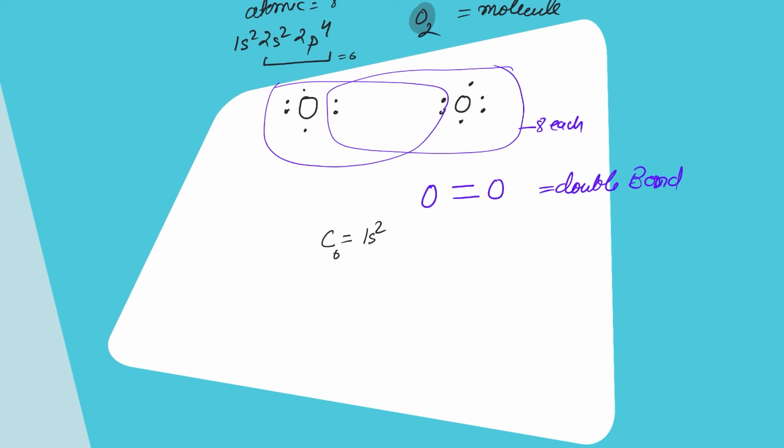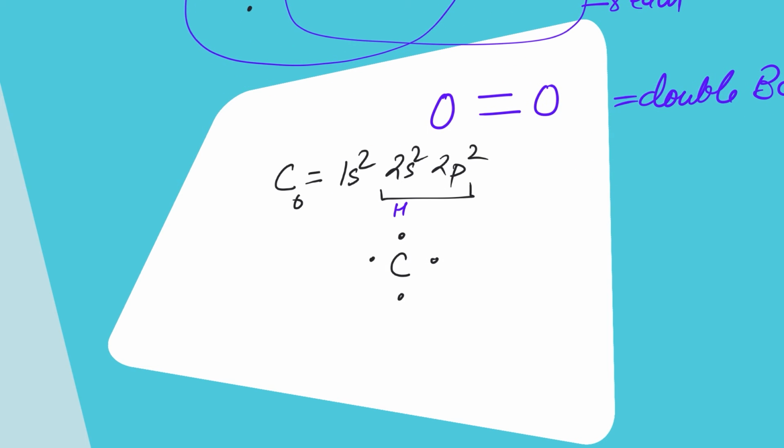It has atomic number 6, so 1s2, 2s2, 2p2. So 4 valence electrons, right? So I'll write carbon. Now let's just represent them on 4 different sides, and let us bring one hydrogen. So hydrogen will have one electron, hydrogen will have one electron, 1 and 1. So hydrogen would want to have 2 electrons, duplet rule, right?